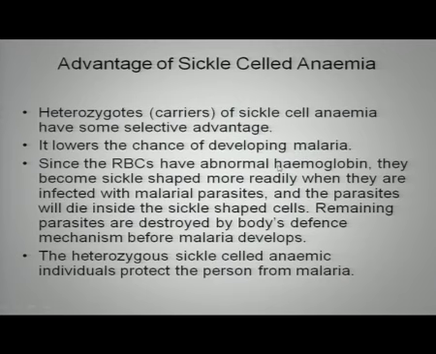Since the RBCs are having abnormal hemoglobin, the shape of the RBC becomes sickle shaped, they are deprived of oxygen, they undergo polymerization, and hence these parasites can't live inside the RBCs. So, they will die, and the parasites will never get enough time for multiplication in the body, and the body's own defense mechanism will kill the remaining parasites.